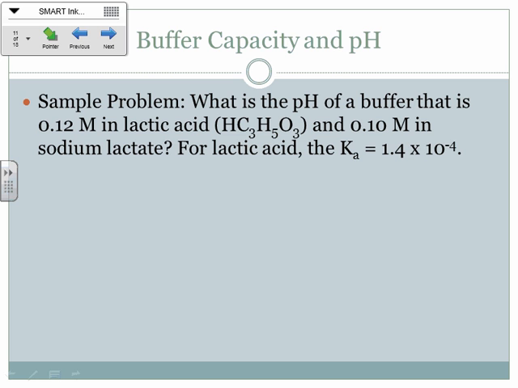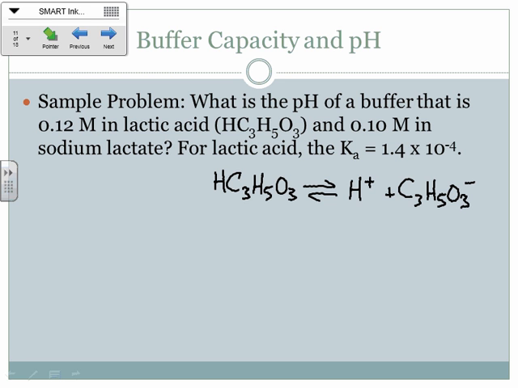So on this one, you've got HC3H5O3 in equilibrium with H plus and C3H5O3 minus. Okay? And then we'll make our ice table here. The lactic acid concentration is 0.12.